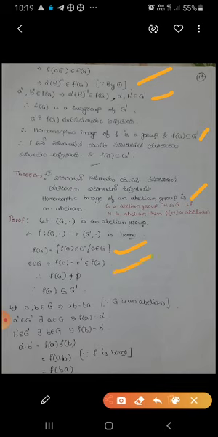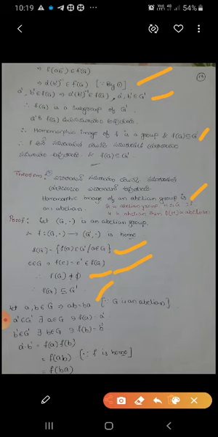Next, e belongs to G. e is an identity in G implies f(e) equals e' is an element in f(G). Therefore, f(G) is not equal to phi. So, f(G) is a subset of G'. Next, let a, b belong to G. G is an abelian group, by the commutative property ab equals ba.